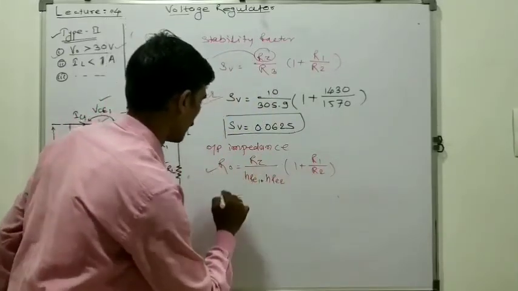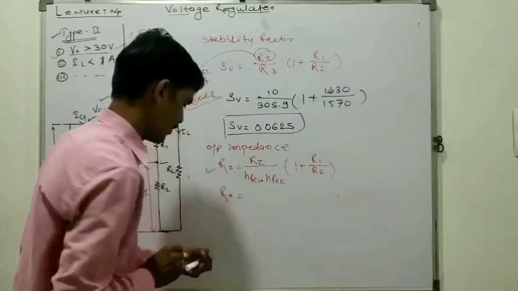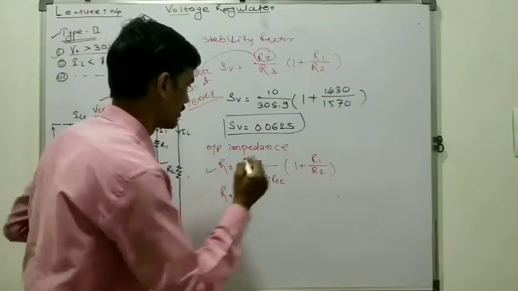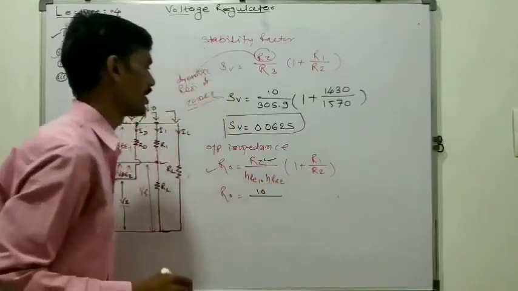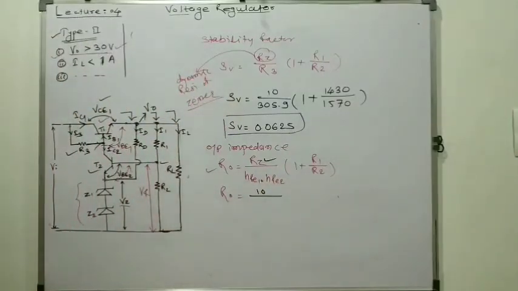Now for output impedance RO, we have RZ as 10. Then HFE1 and HFE2 we are assuming as 50 and 200, that we assumed while selecting transistor T1 and T2. So transistor T1 is 50 and transistor T2 is 200.